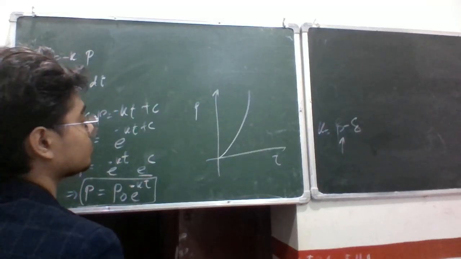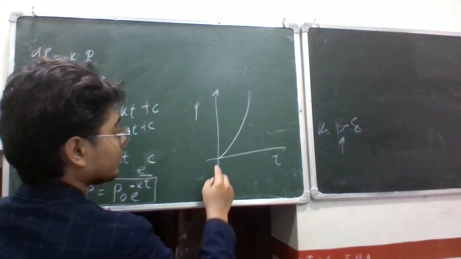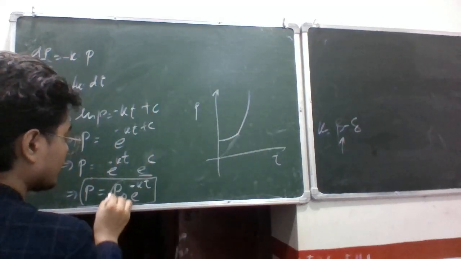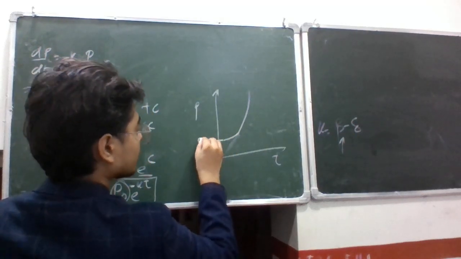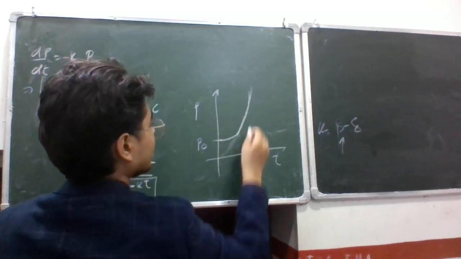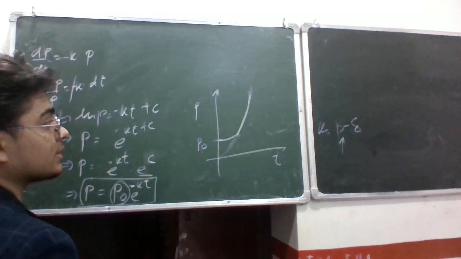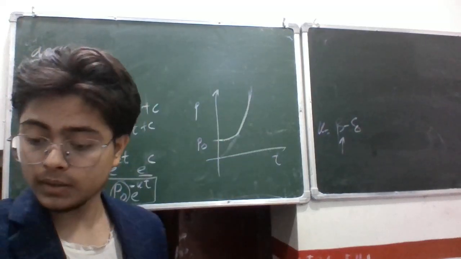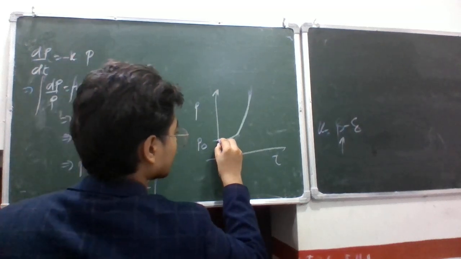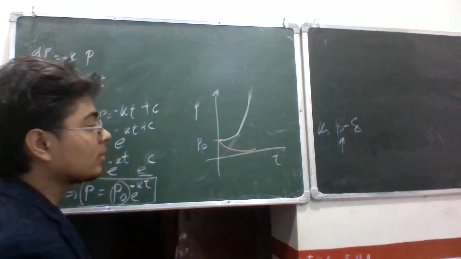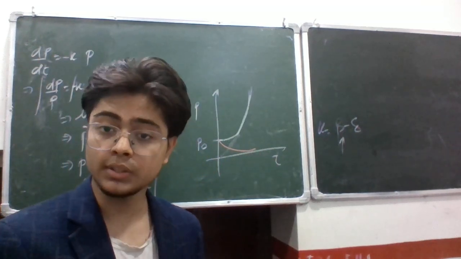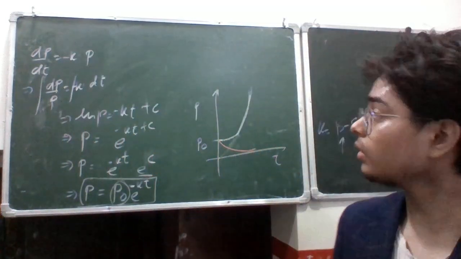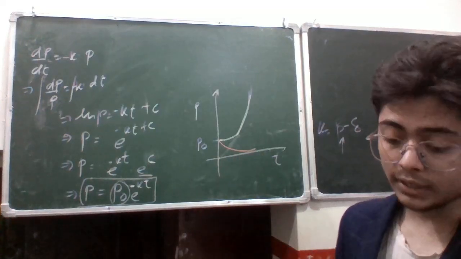It starts from somewhere here because we have an initial population. The initial population is P0 and it increases as time increases. If it's a decay problem, then it starts at the initial population, decreases over time and approaches zero. This is what the solution should look like.